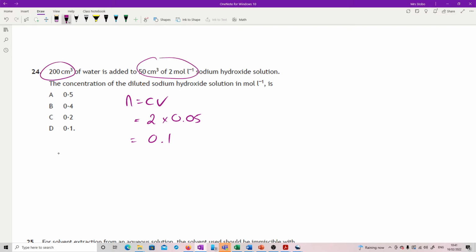Okay, I'm now going to add in my 200 centimetres cubed of water, which is going to mean that my final concentration, moles over volume, 0.1 divided by my volume, which is now 250, so 0.25 litres, so my final concentration is 0.4. Okay.